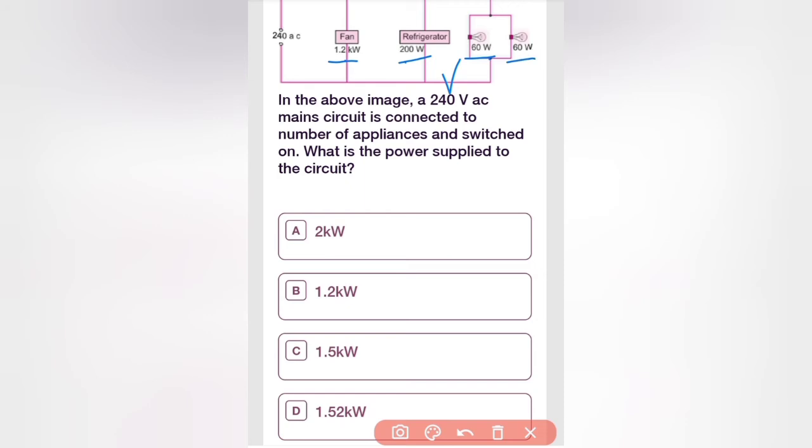Let us have it in kilowatts. 1.2 first one, second one 0.2 kilowatt, 60 plus 60 is 120, so 120 means 0.12. So we get 1.52 kilowatt. Option D is the correct answer.